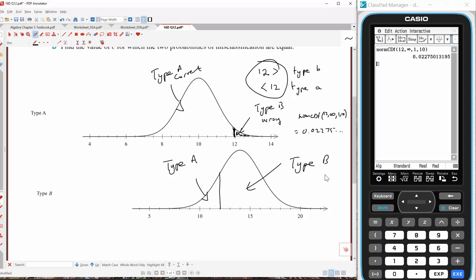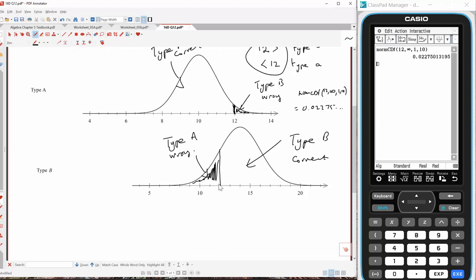Now, if it is type B and I classify it type B, that's a correct classification. If I have a type B battery and I classify it type A, that is wrong. That is a misclassification. So this is what I'm interested in, the probability that I'm going to classify it incorrectly.